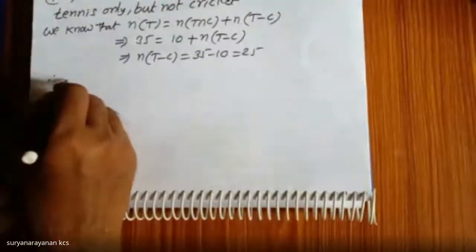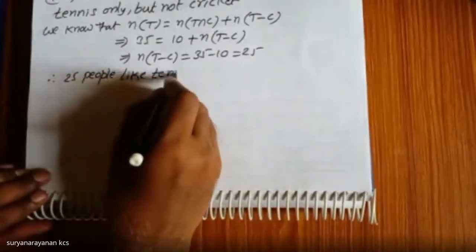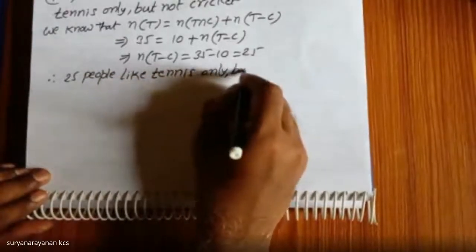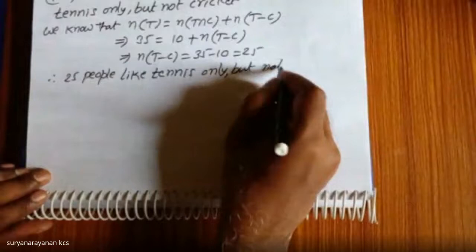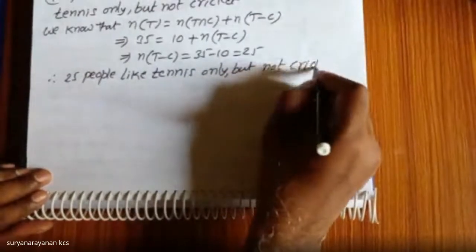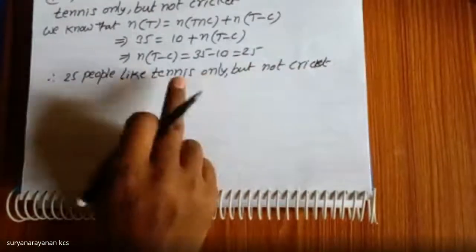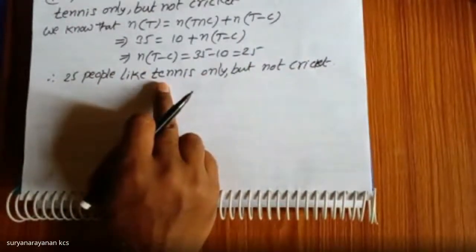Therefore, 25 people like tennis only, but not cricket. They will not like cricket. They will like only tennis.